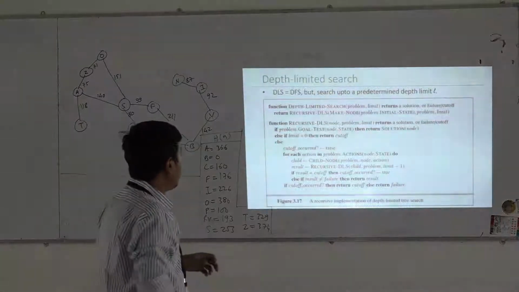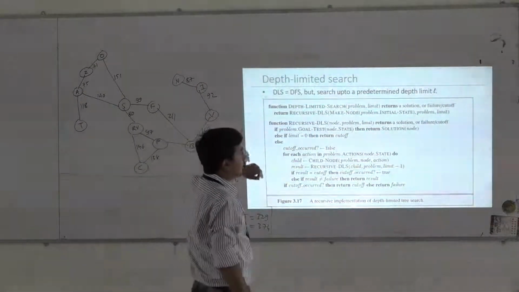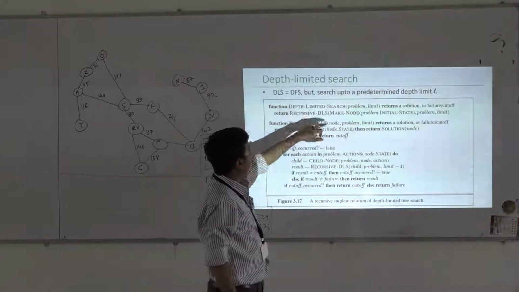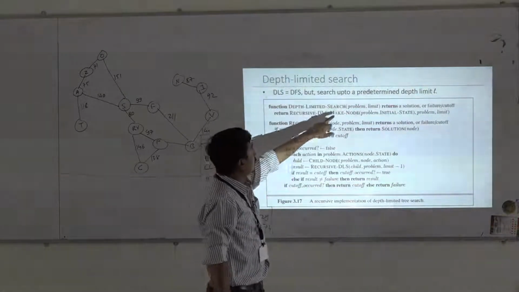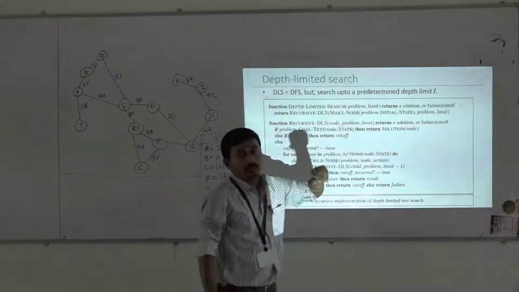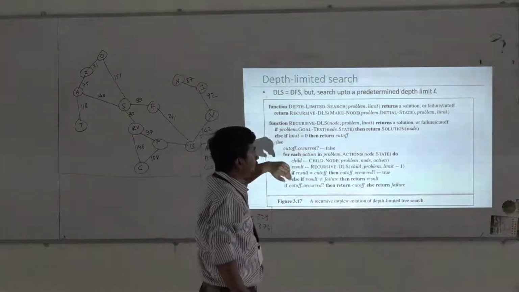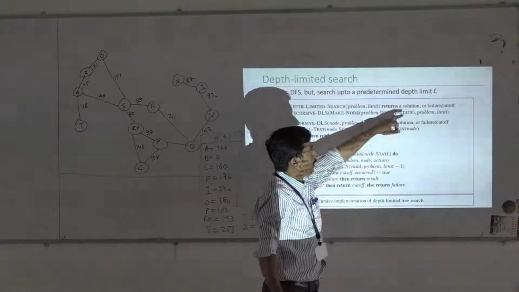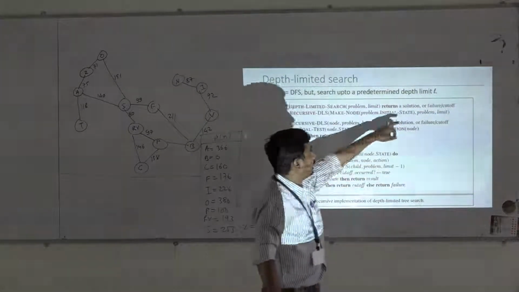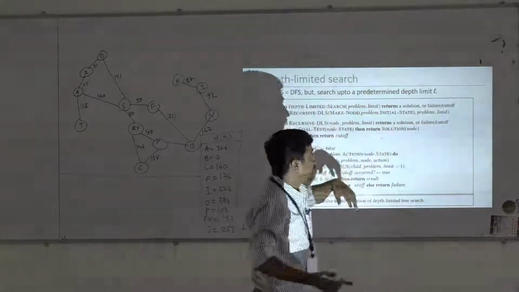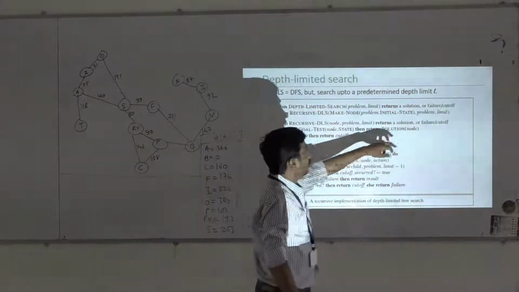So this is the recursive definition of the DLS algorithm. As you can see here, the parameters of the DLS algorithm are a problem and a limit. We have to provide a limit value, L, to this algorithm, and it may stop in three cases. Either it will find a solution, or if a goal is not present in the search tree, it will return a failure.